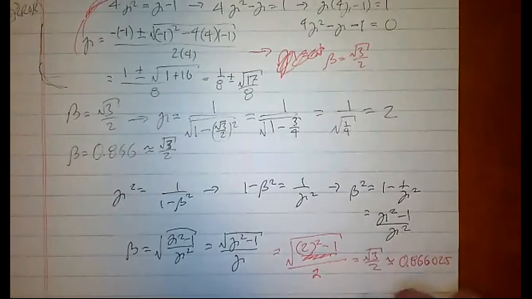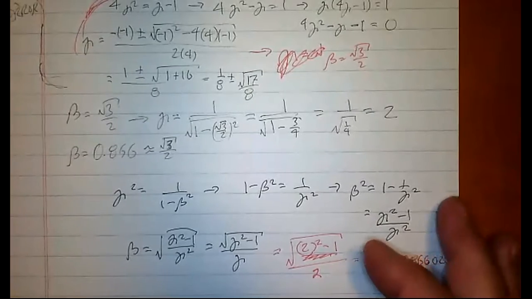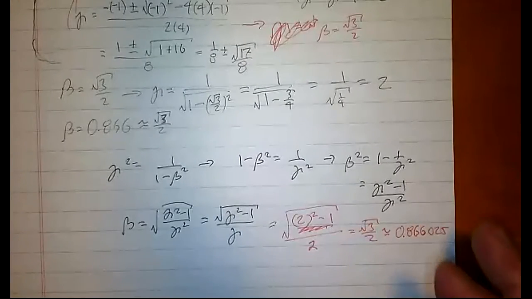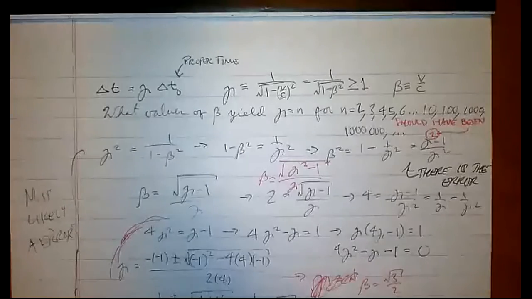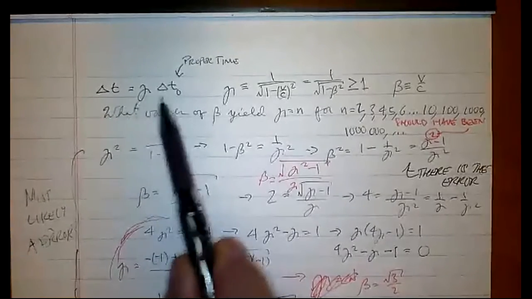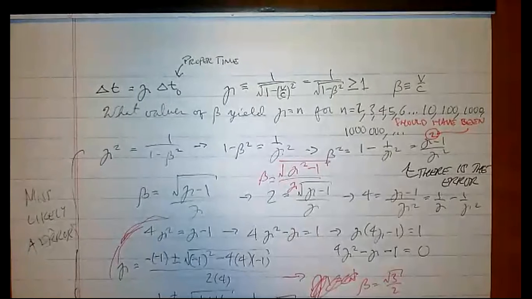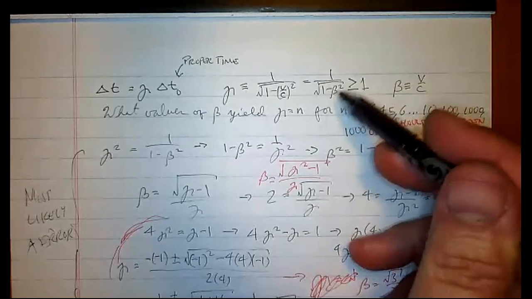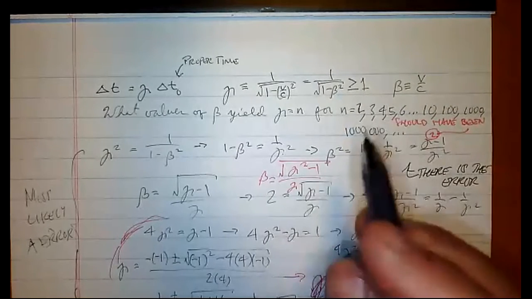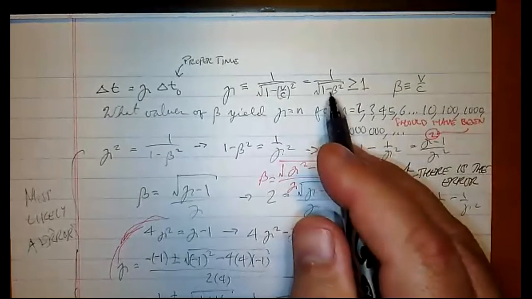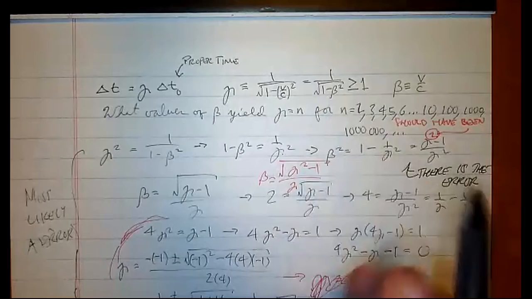I don't normally ask you to solve that sort of thing in a problem, but you can just through experience. So what you need to remember is the principles of relativity, this time dilation equation, and the definition of gamma. And just be prepared. Sometimes people will just say beta, or they'll say 36% of the speed of light. What they're giving you there is beta equals 0.36.